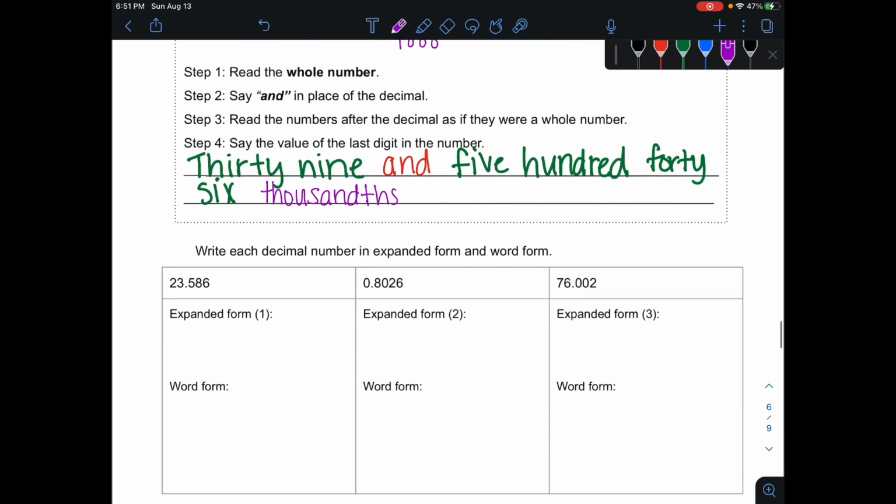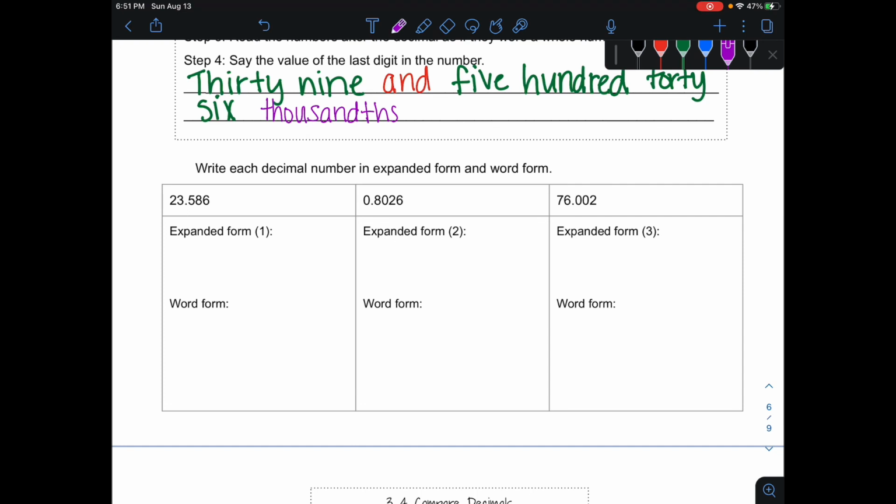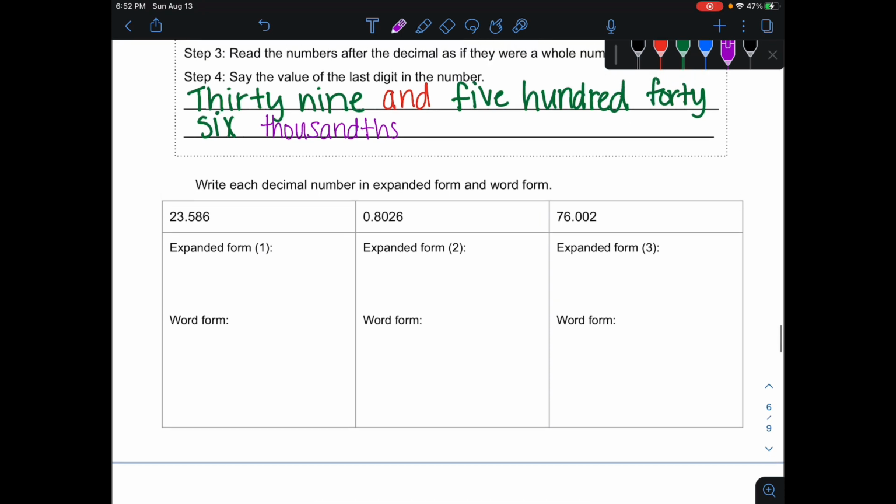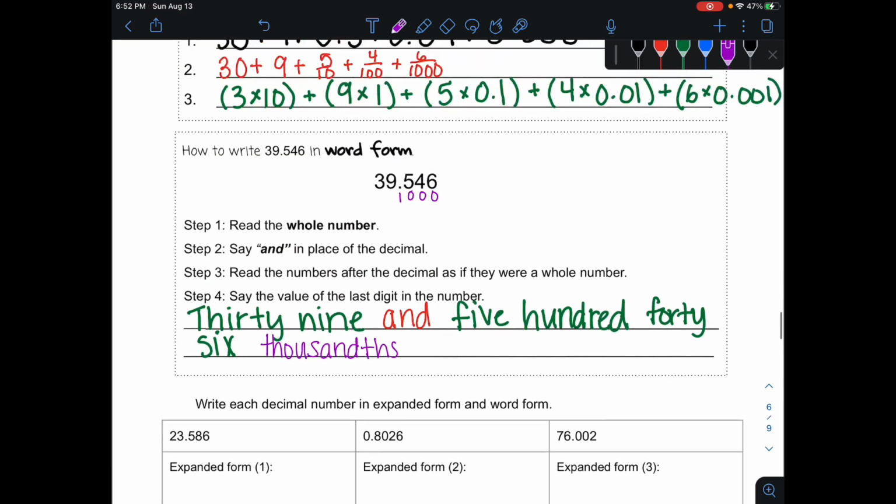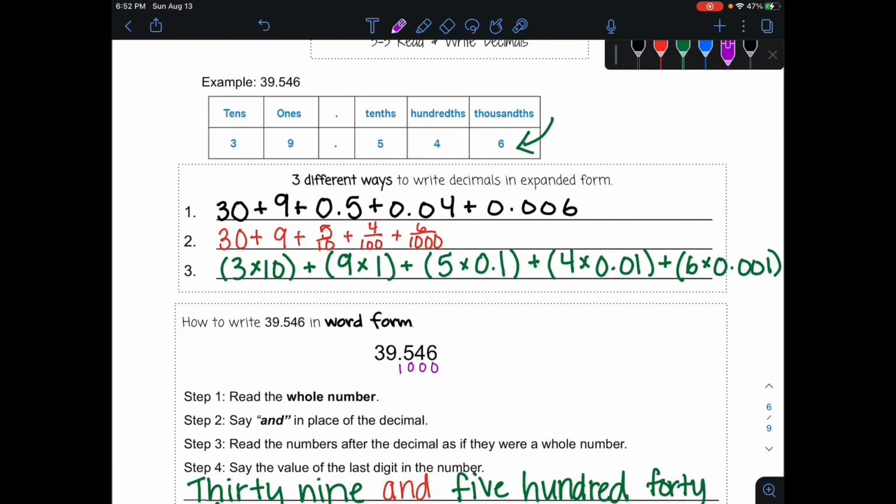Okay, let's work out these questions down here. So it's telling us to write each decimal number in expanded form and word form, and we have to write it in 3 different ways for expanded form. Okay, so the first one, we are just going to write it as the normal expanded form, so just like this version, okay?